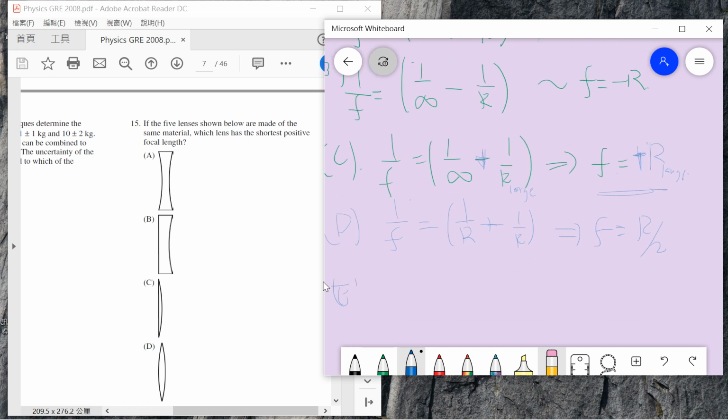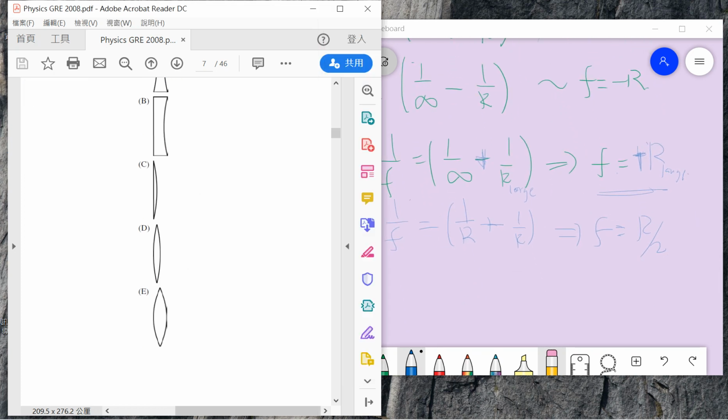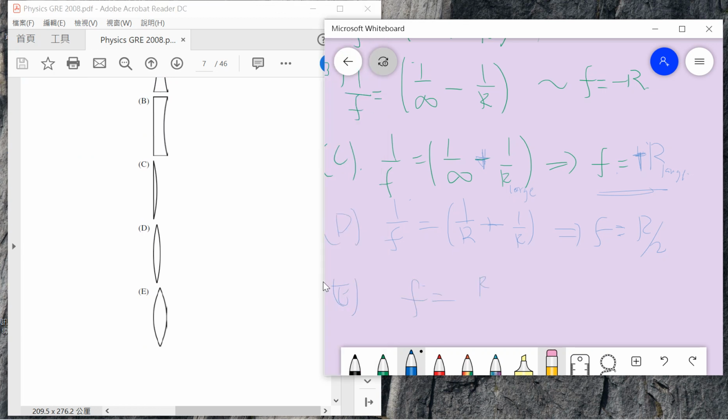And the E, okay, E is basically R over 2, right? But this R tilde is less than the D. So the answer should be C, D, or E, one of these. But you see E should be the smallest. So the answer is E. I think this question is difficult because the sign convention is difficult.